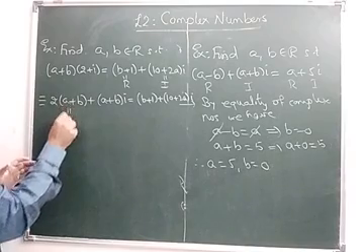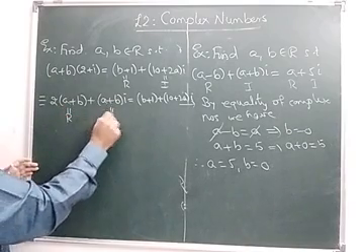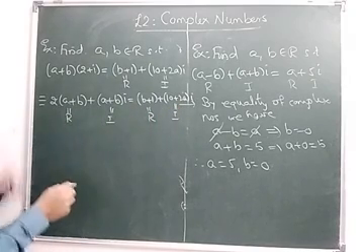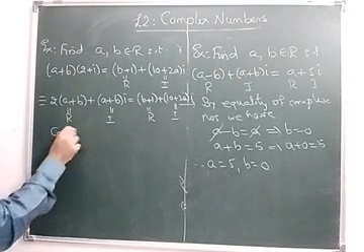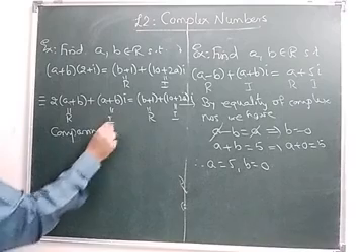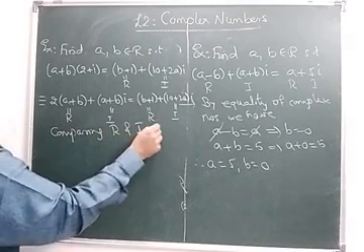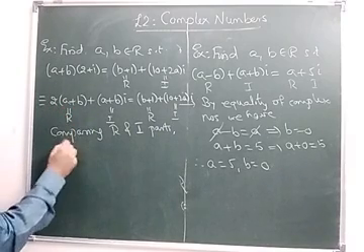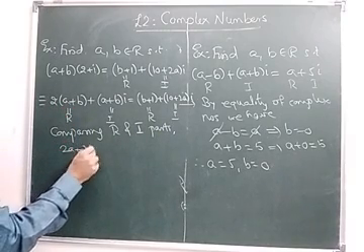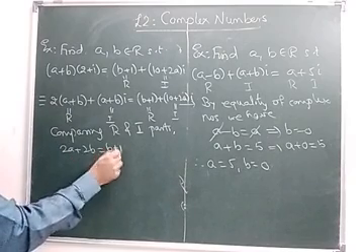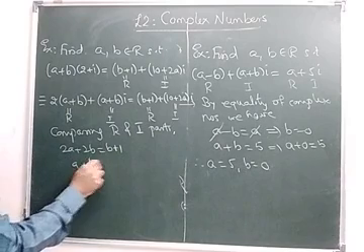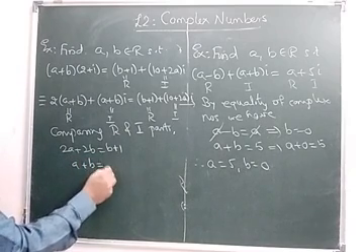Now this is the real part and this is the imaginary part here, and this is the real part and this is the imaginary part. Comparing real and imaginary parts on both sides, we get 2a plus 2b is equal to b plus 1, and the second equation will become a plus b is equal to 10 plus 2a.